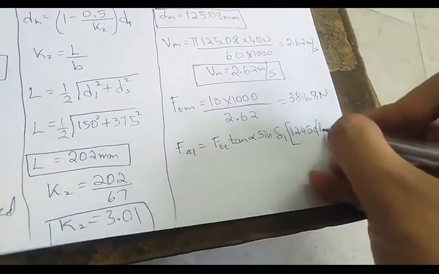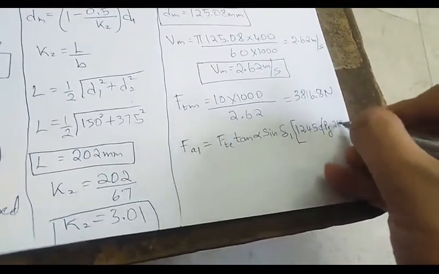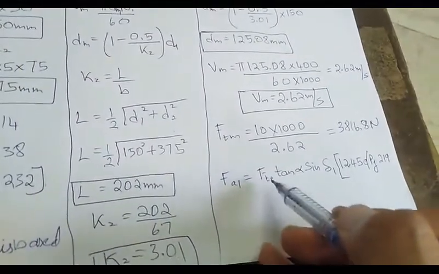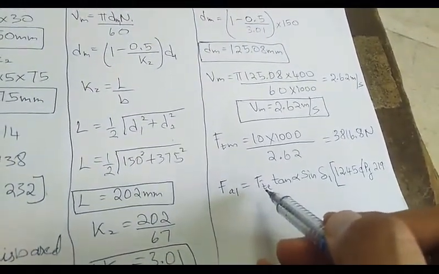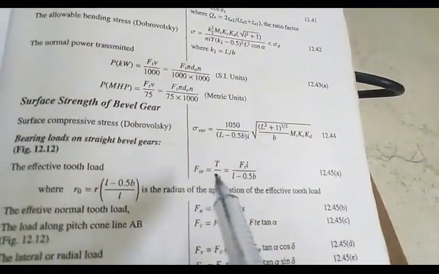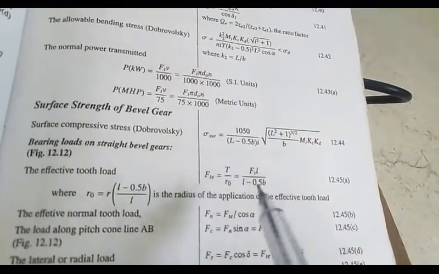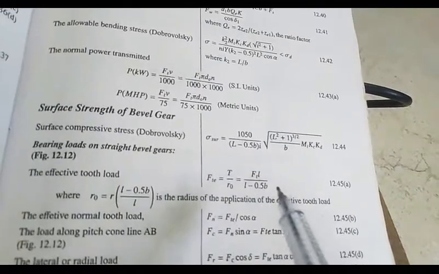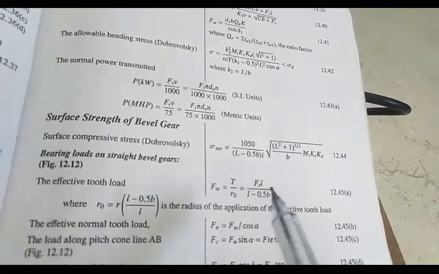We have to find FTE. For FTE there is a formula, 12.45e, page number 219: FTE is equal to FT L by L minus 0.5B. We'll take this formula.